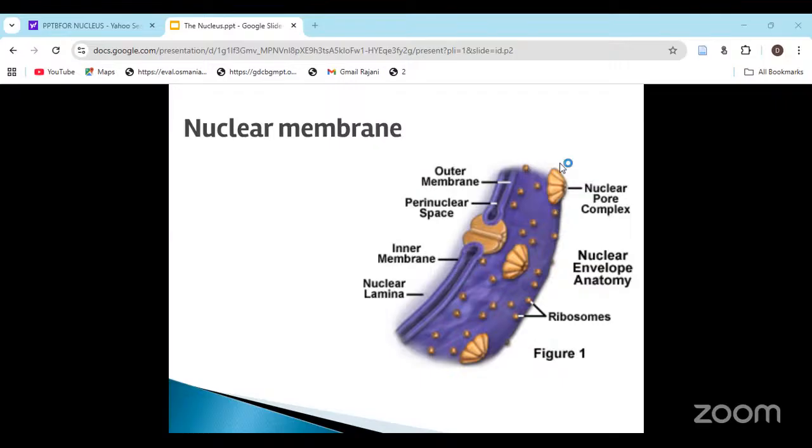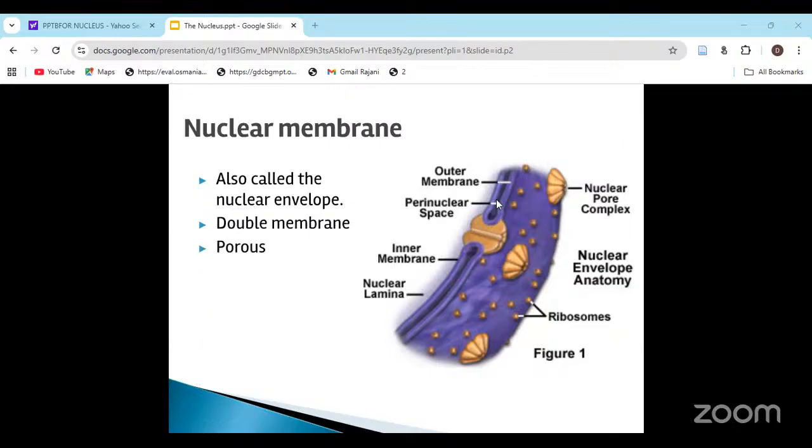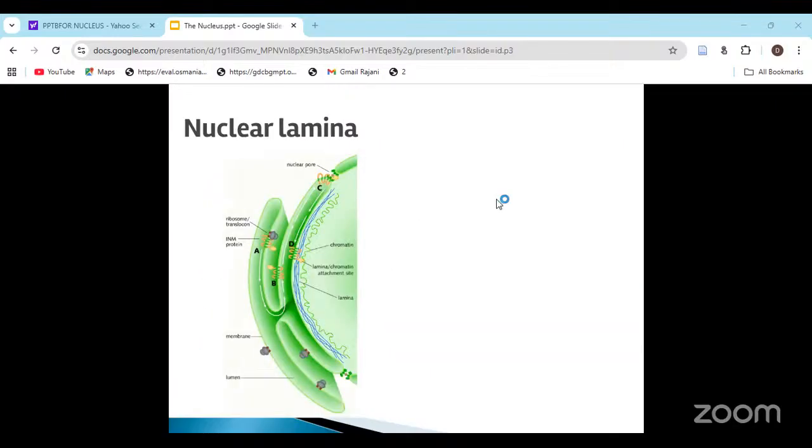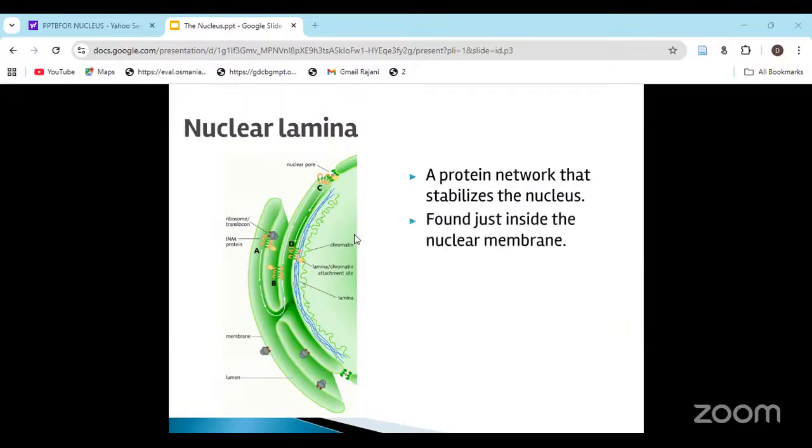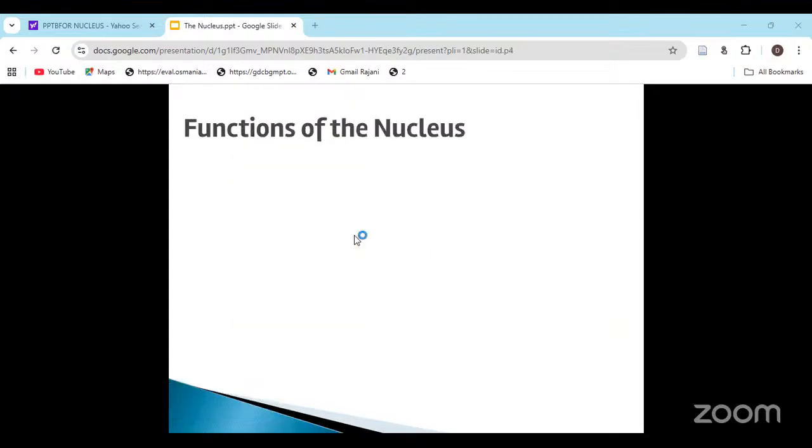And this one is a nuclear pore complex, and these are the ribosomes. It is also called the nuclear envelope, a double membrane with pores, and the nuclear lamina is also present. The lamina is a protein network that stabilizes the nucleus and is found just inside the nuclear membrane.